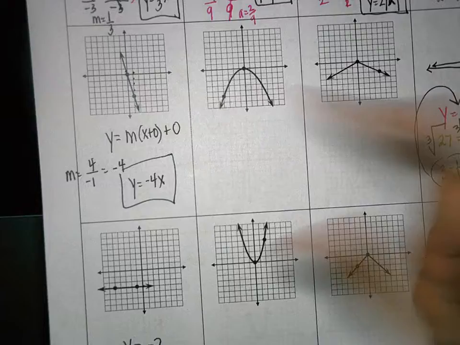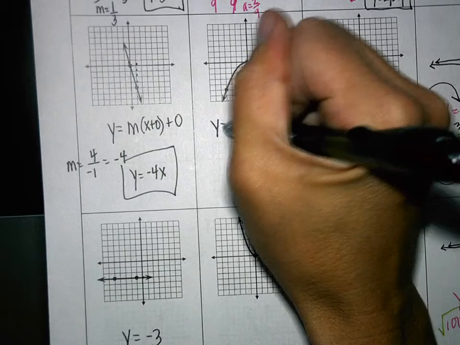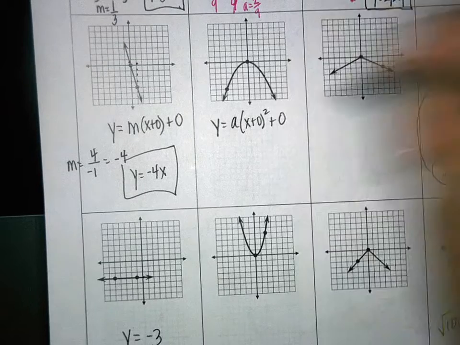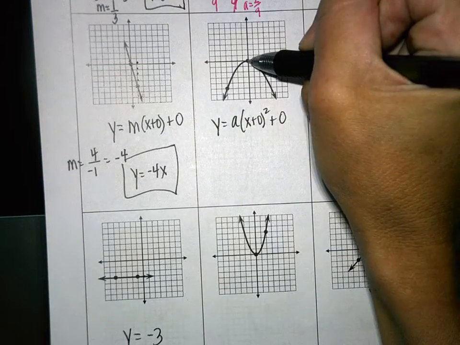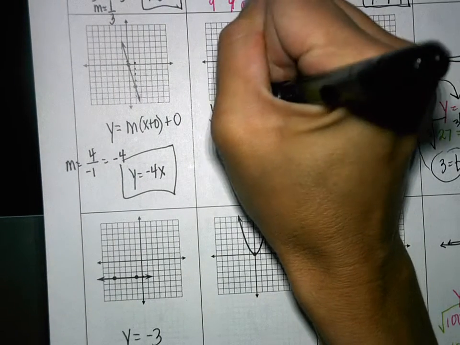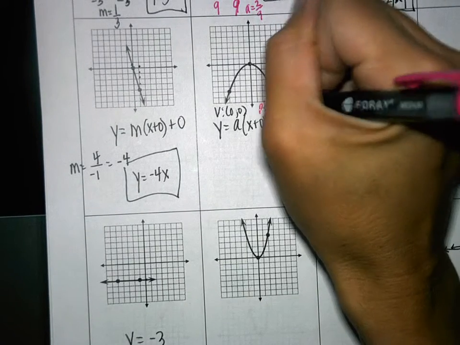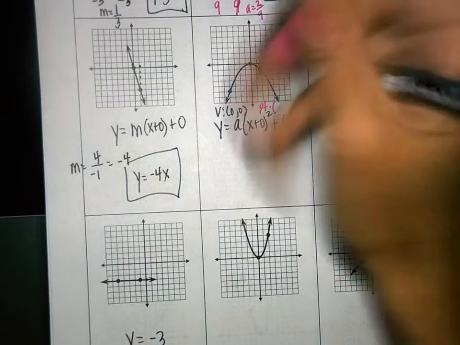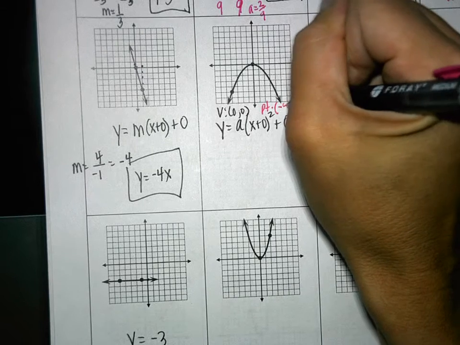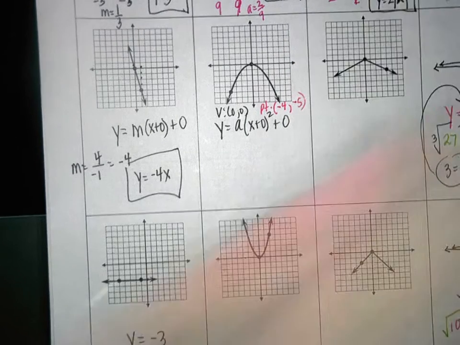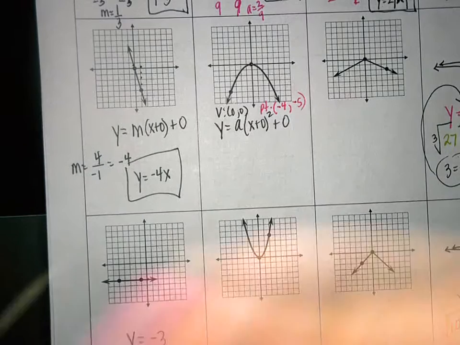Parabola. Okay, y equals a parenthesis x plus 0 squared plus 0. Our starting point, our vertex, 0, 0. What is my other point? -4, -5. Close. So that's x and y.